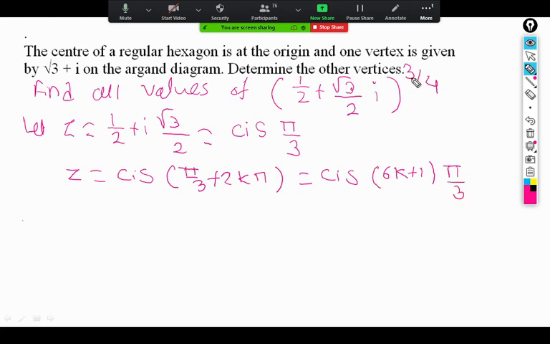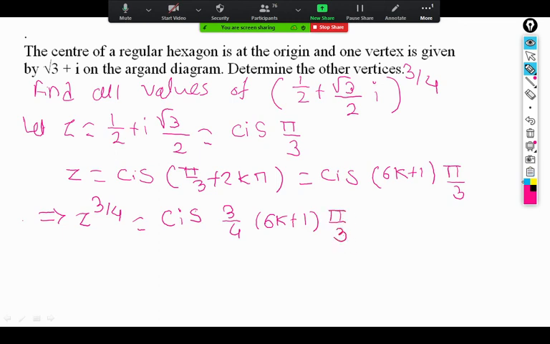We want it raised to 3 by 4, taking it raised to 3 by 4 on both sides. So this gives us z raised to 3 by 4 equal to, by De Moivre's theorem, cis of 3 by 4 into 6k plus 1 pi by 3.